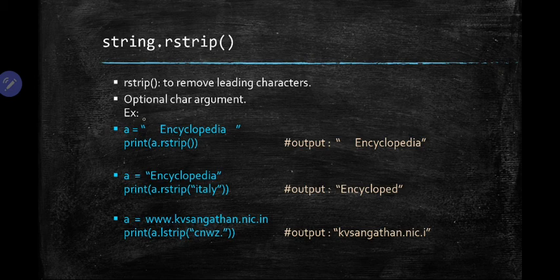So this first example is of the default rstrip function. There are spaces present on the left and on the right as well. If we use rstrip function, only the spaces on the right side of the string will be removed, and left side spaces are not removed. So this will be the output.